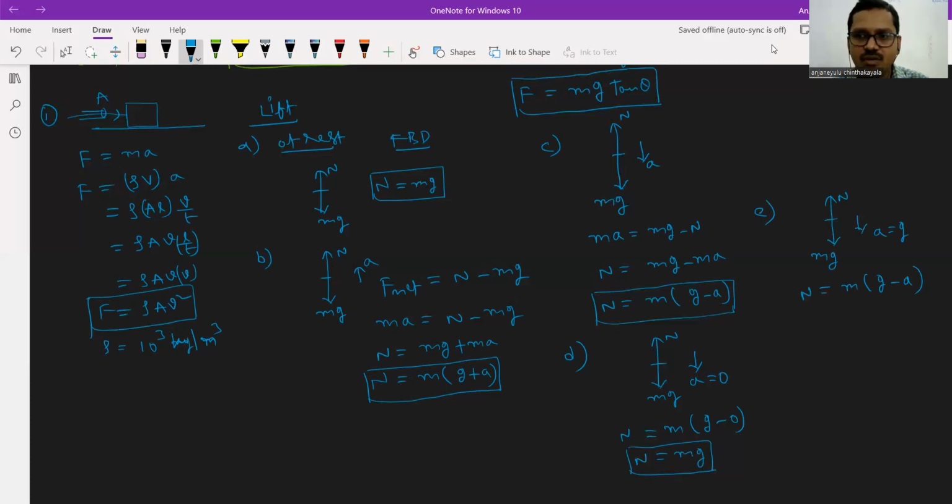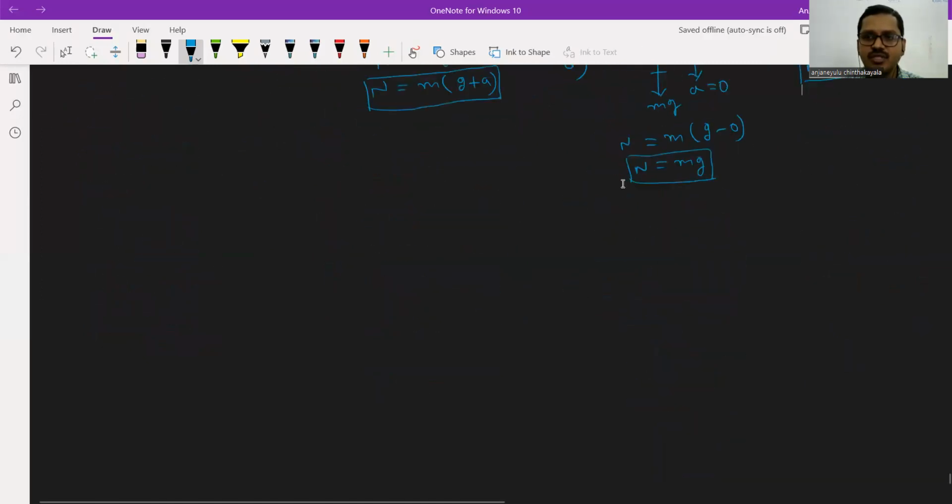Substituting a equal to g in this equation, N is equal to m into g minus g, because a is equal to g. Then g minus g is 0, 0 into m is 0. Therefore, the apparent weight N is equal to 0, as shown by the weighing machine. So this is the elevator or lift, different cases: how the weight of the person changes. Next, one more.